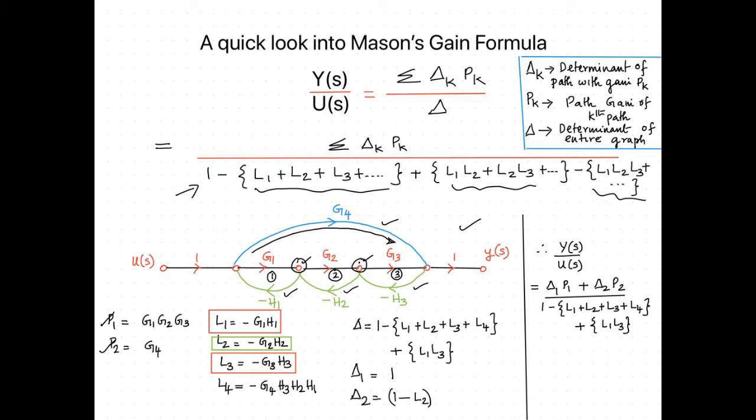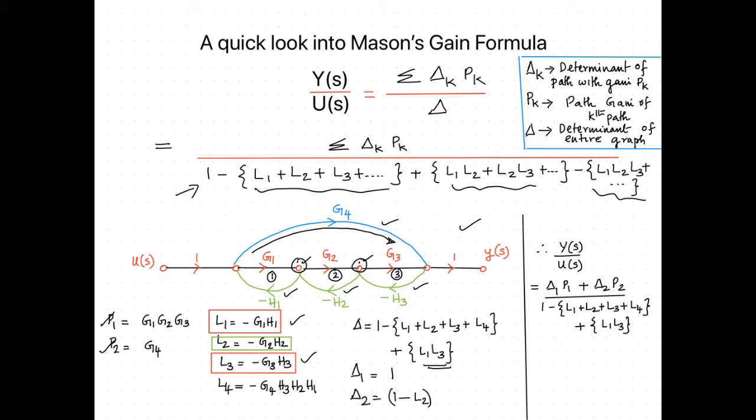And now coming to delta. Here if you look at the loops, you can see that loops L1 and L3 are non-touching loops. Non-touching loops means loops that do not share a common node or a branch. So we have only 2 non-touching loops. Hence in the equation for delta we need to identify only L1 and L3 as a combination of 2 non-touching loops.